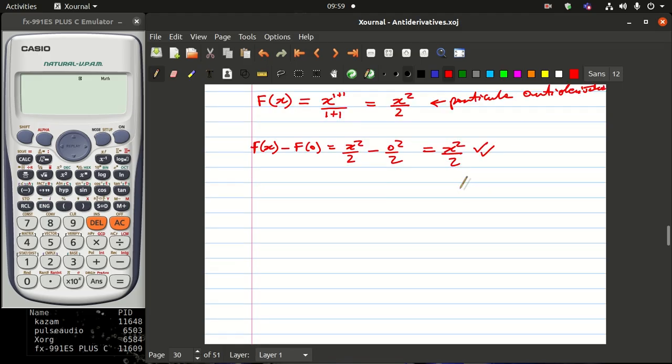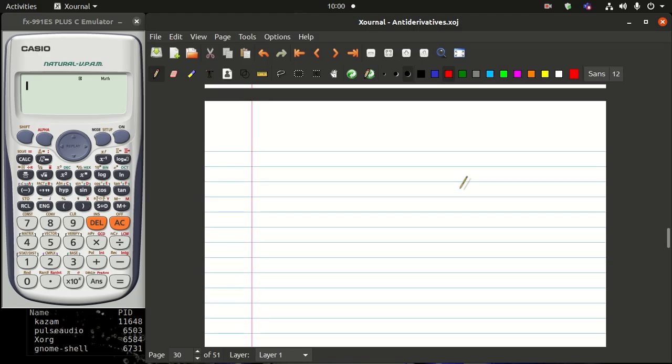Now, I want us to talk about something that is much more interesting. Let me just draw this function first, the graph, and make it as big as possible.